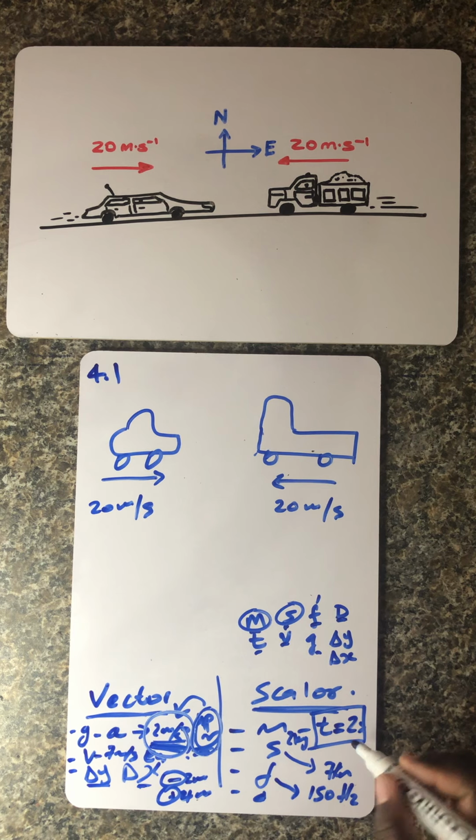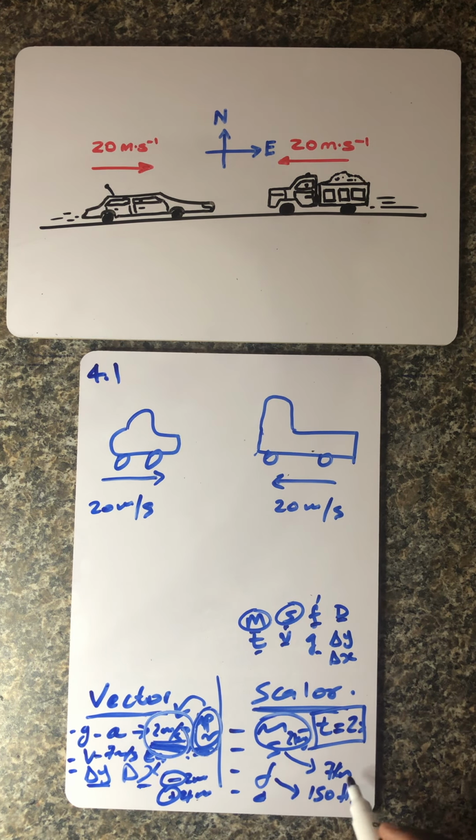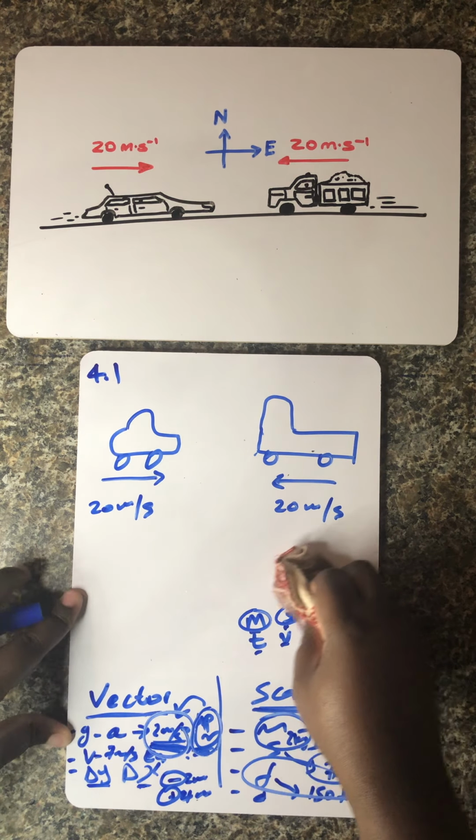You will never have a 9 kg upwards. You will never have a distance as 50 meters or 100 kilometers to the right. Same goes for frequency. It's just a magnitude. Ladies and gentlemen, time has got no direction in physical sciences. Time falls under scalar quantities. Very, very important, ladies and gentlemen.